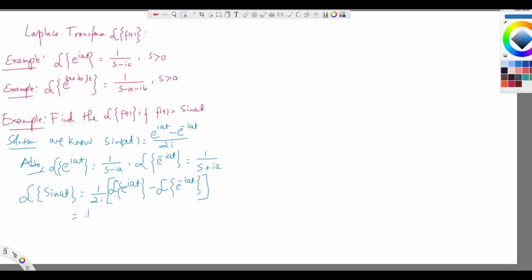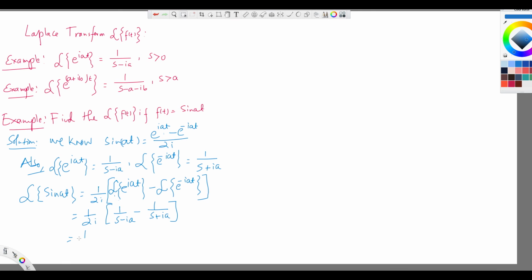So 1 over 2i times 1 over s minus ia minus 1 over s plus ia. Now you combine those two fractions.